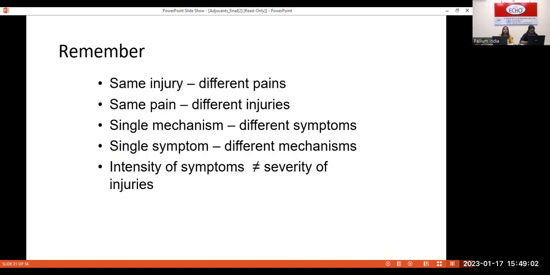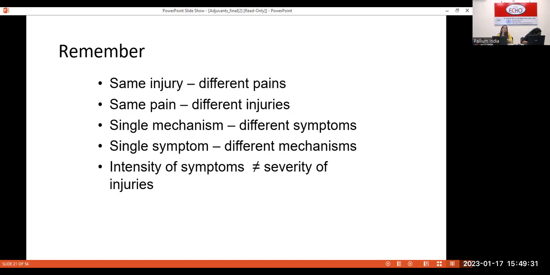And we always tend to compare patients. Patients will have the same injury, but different pain. We'll say, oh, that patient is also having diabetes, he doesn't have this kind of pain. You cannot tell like that. Same injury can cause different pains. Same pain can be due to different injuries. Sometimes two or three patients will tell you, I have a burning sensation, but the reasons can be different. One will be having some nerve injury, one will be having some compression.